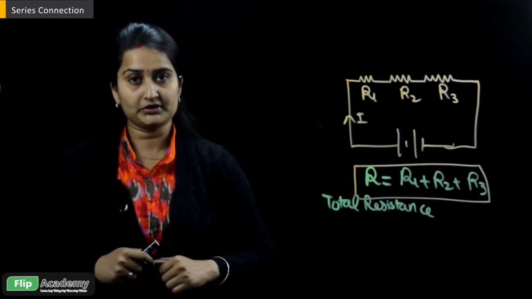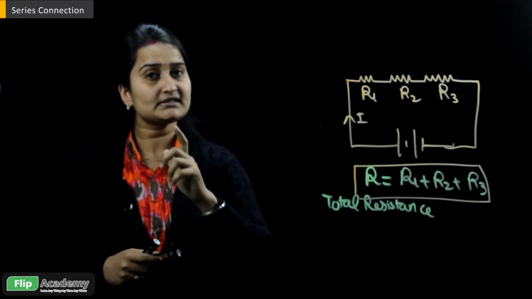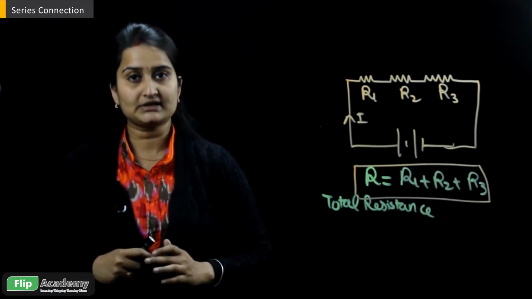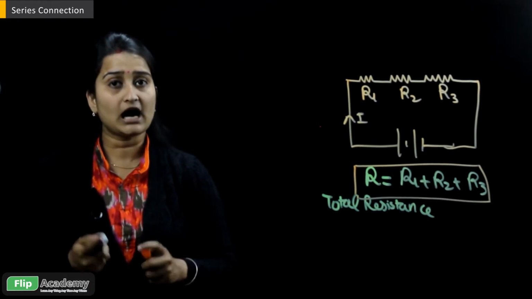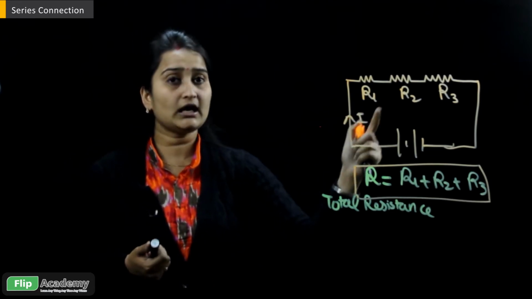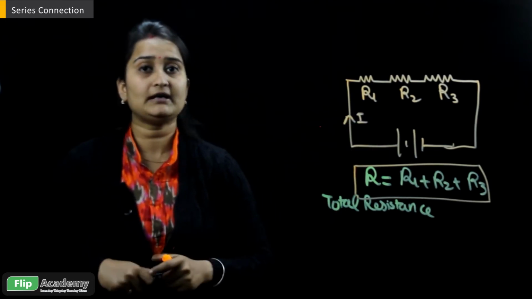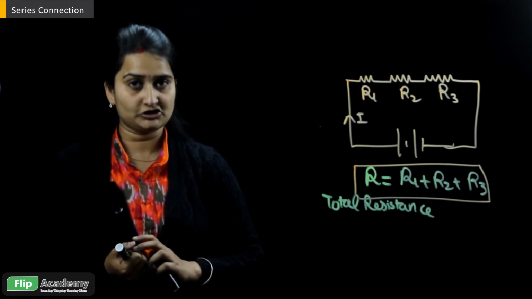There are 2 important things that we need to consider while dealing with a series circuit. The first thing is the potential difference. First, let's understand how the potential difference and current are measured across the appliances if more than one appliance is connected in the circuit. First, let's talk about the potential difference.